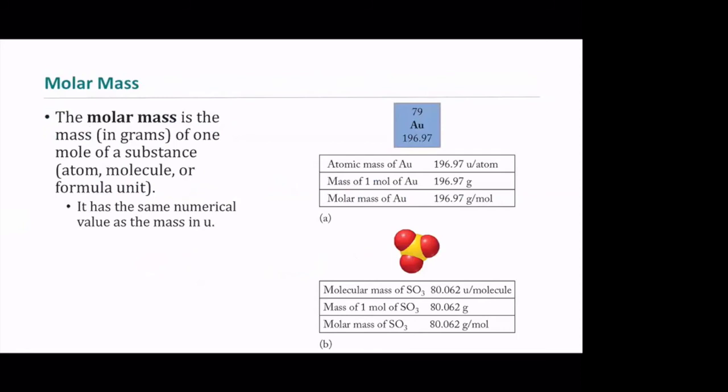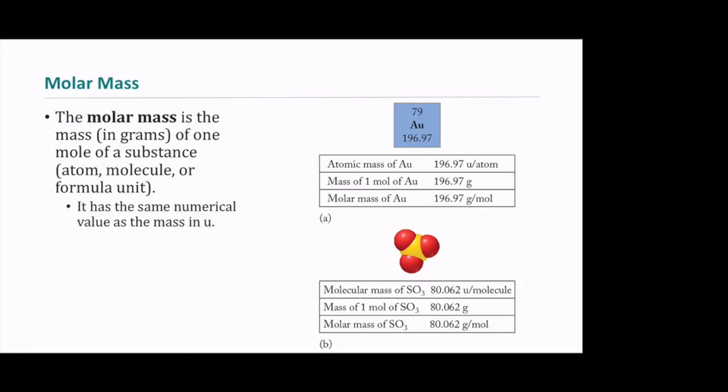Now, molar mass is the mass in grams of 1 mole. I've already told you this. That's the beauty of the periodic table. It's the mass of 1 atom in AMUs or the mass of a mole in grams. So, gold's atomic mass is 196.97, and of course its molar mass is 196.97 grams per mole, and SO2 is the same thing.